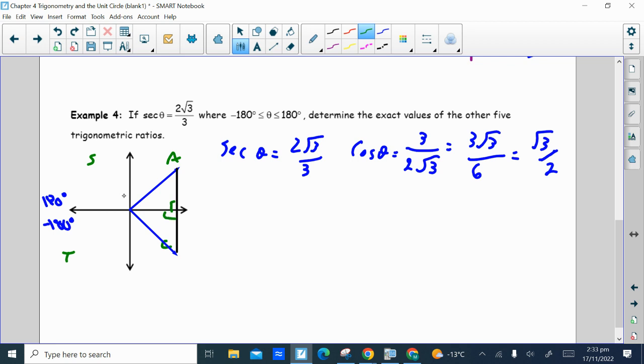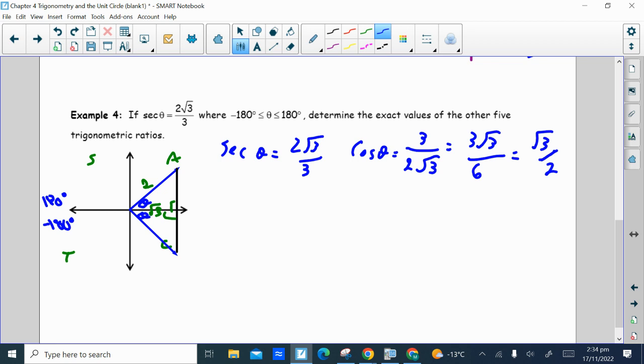And in both cases, the cosine, which is adjacent over hypotenuse, is root 3 over 2. So we're going to have to find the length of the opposite side. The opposite side to theta. Theta is between the terminal arm and the x-axis. So that will be there and there.